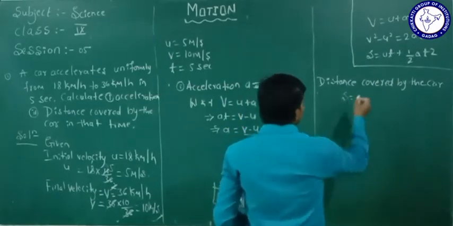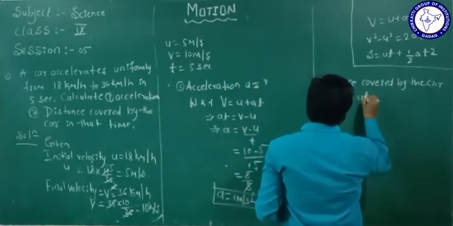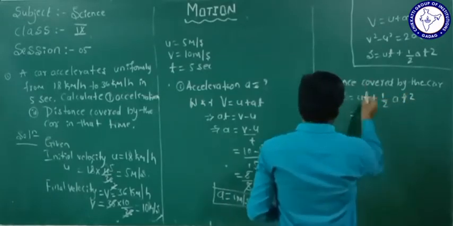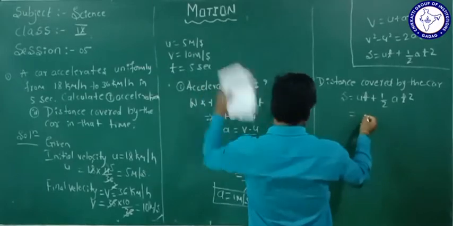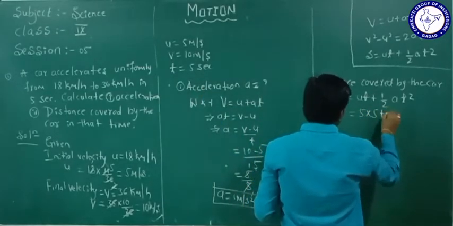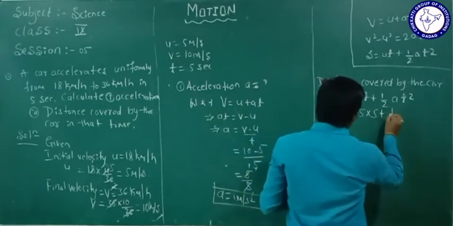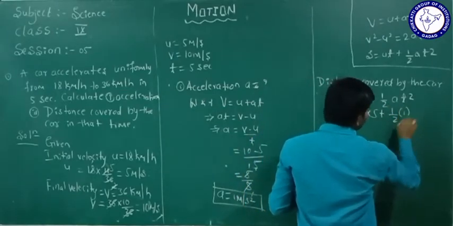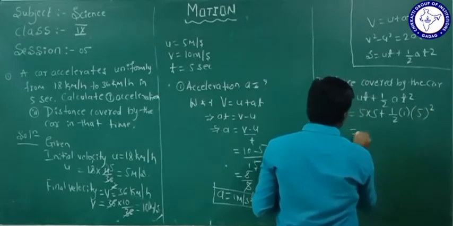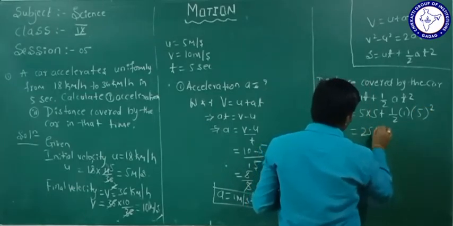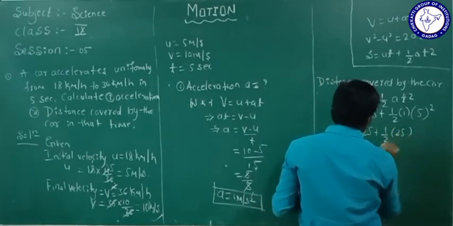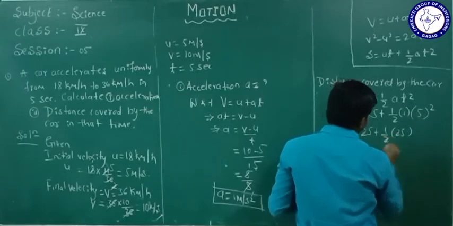I am taking s is equal to ut plus half at square. The value of u is 5, the value of t is 5, and the acceleration is 1 meter per second square. So 5 into 5 is 25, plus 1 divided by 2 into 5 square, which is 25.